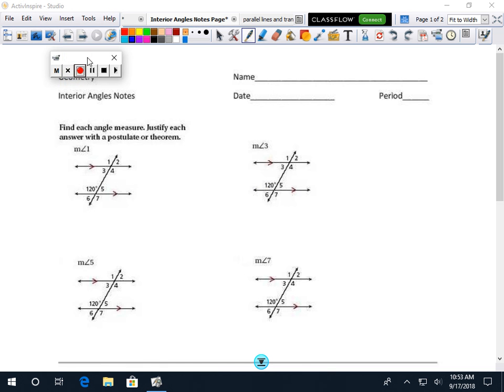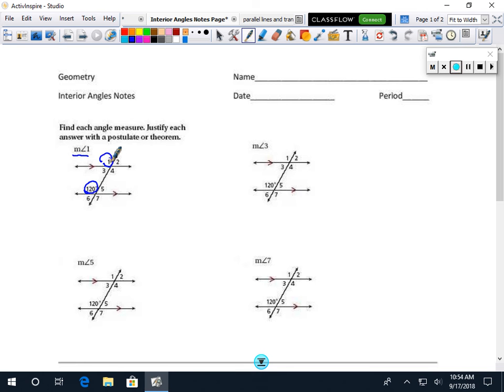Alright, so we are going to take a look at finding the angle measures. We're going to start by stating the relationship between the angles. Looking at the first example here, they give me 120 degrees, and they want me to figure out the measure of angle 1.